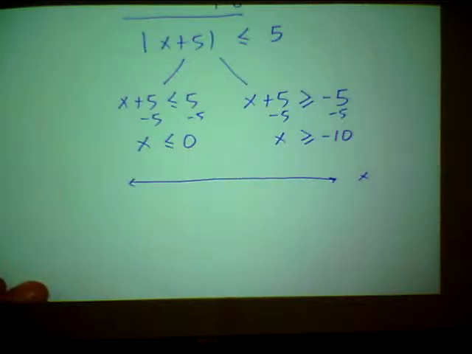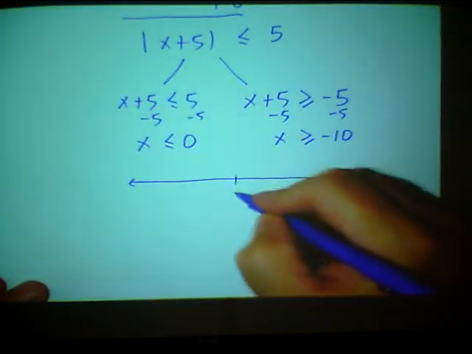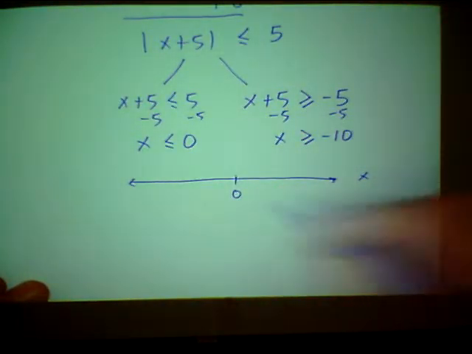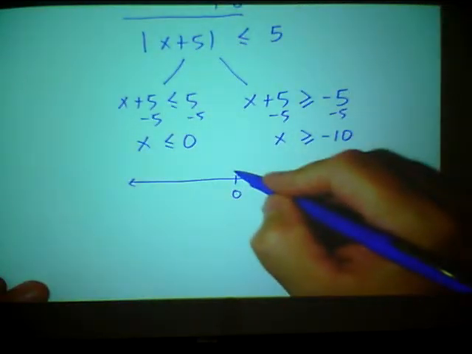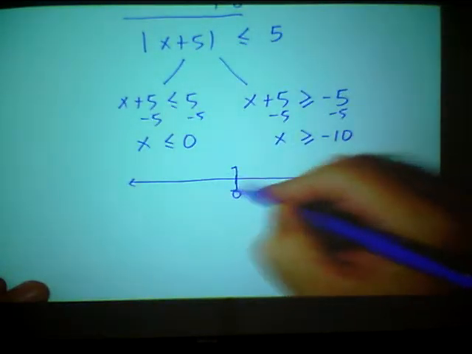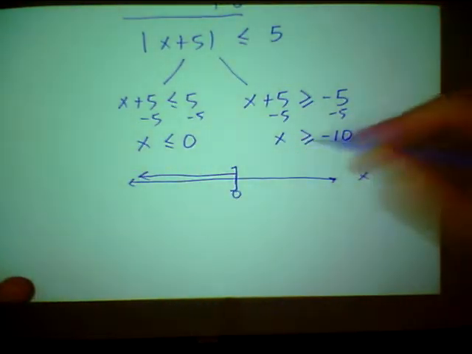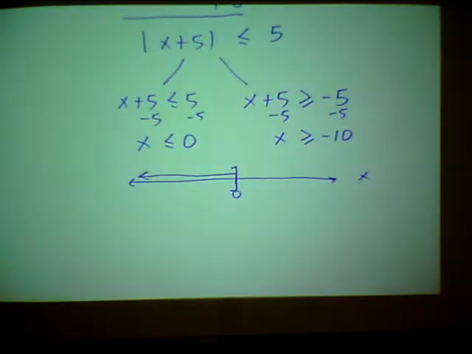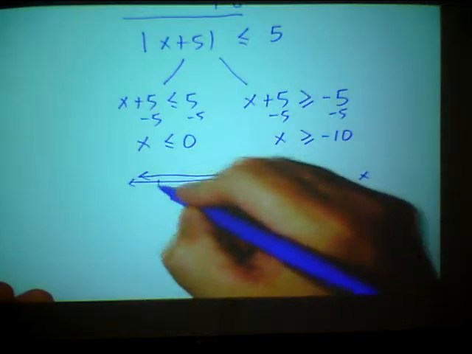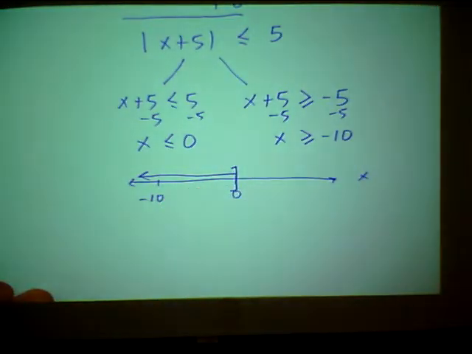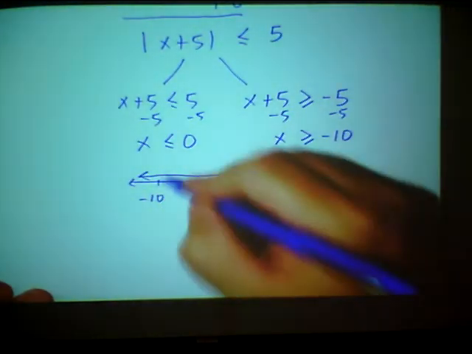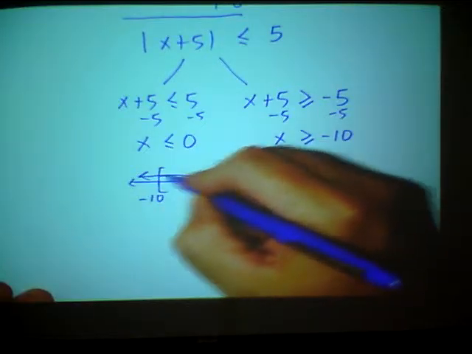So x less than or equal to 0, here's 0, less than or equal to 0 is a bracket, and I'm going to head off to the left. And now x greater than or equal to negative 10, there's negative 10, I'm going to put a bracket and head to the right.